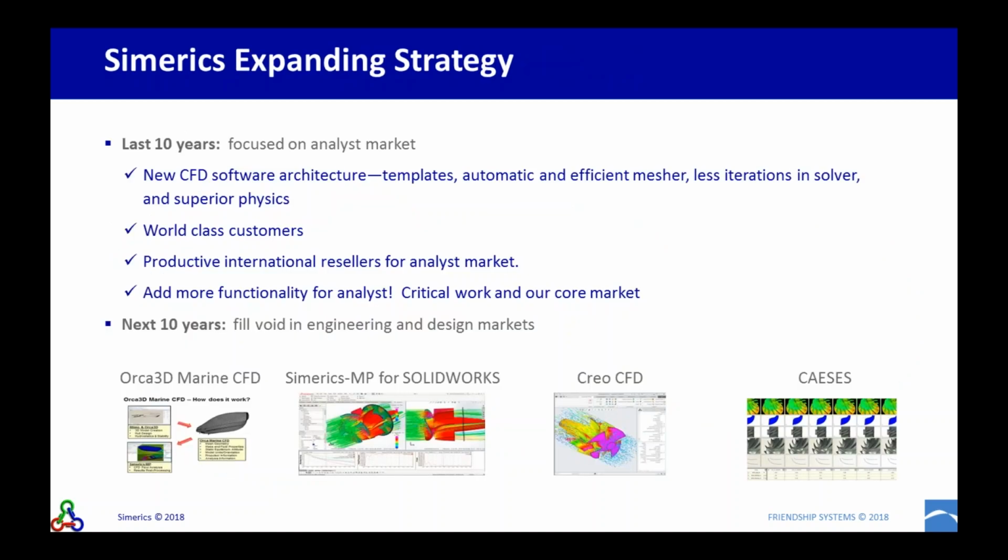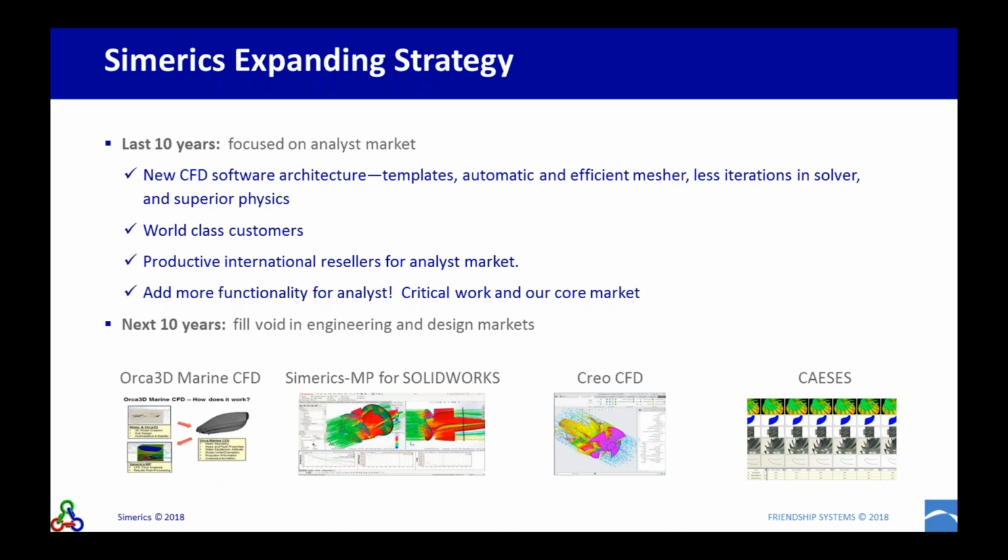For the last 10 years, we really have been focused on the analyst marketplace with a new CFD software architecture called Simerics-MP, and it has many advantages: templates, an automatic and efficient mesher that meshes 100% of the time regardless of whether you have clean or dirty geometry, fewer iterations on the solver, and superior physics in terms of accuracy and speed.